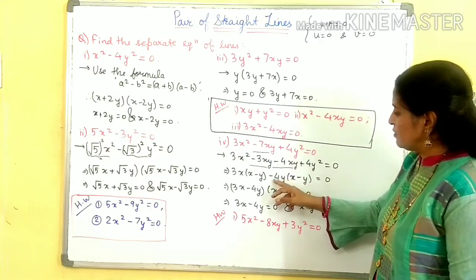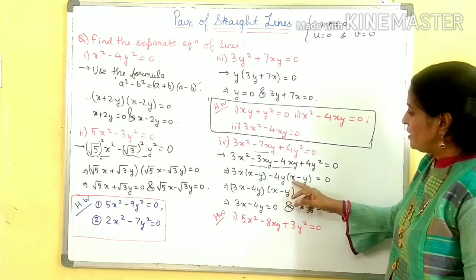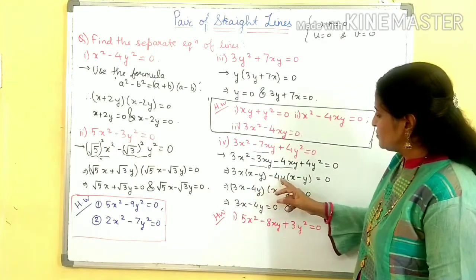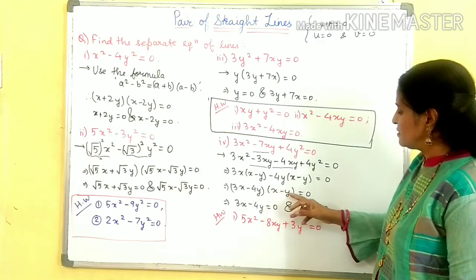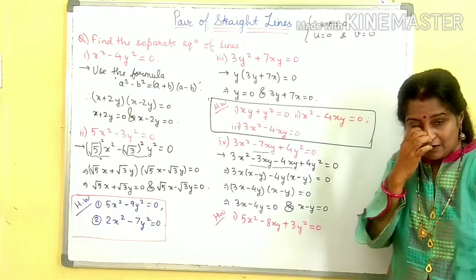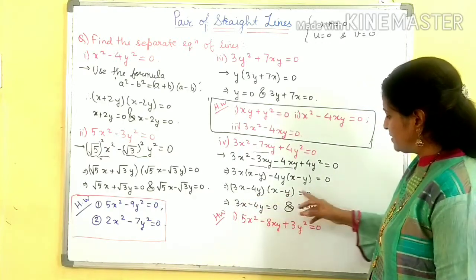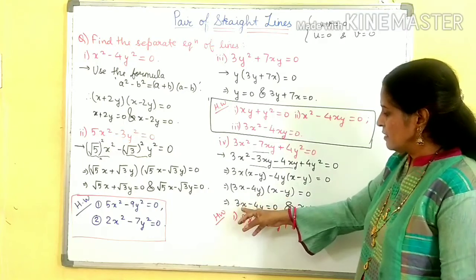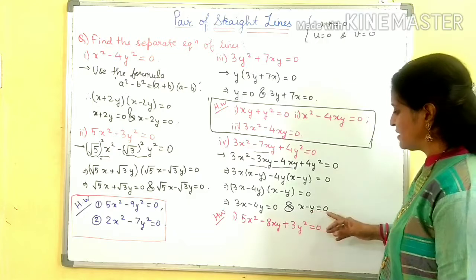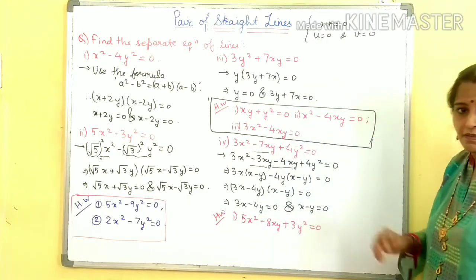From here you get the common term as minus 4y, so we get again x minus y. 3x minus 4y into x minus y is equal to 0. This type of example you learned in 8th or 9th class. So the two brackets are equal to 0. That means 3x minus 4y is equal to 0 and x minus y is equal to 0. These are the separate equations of lines.